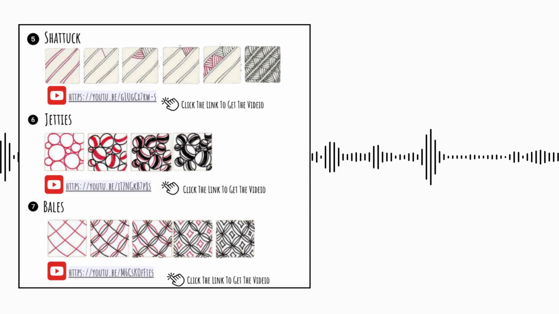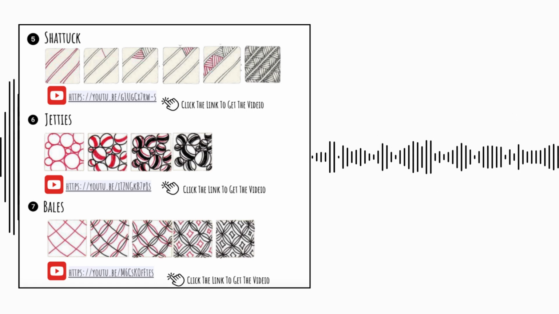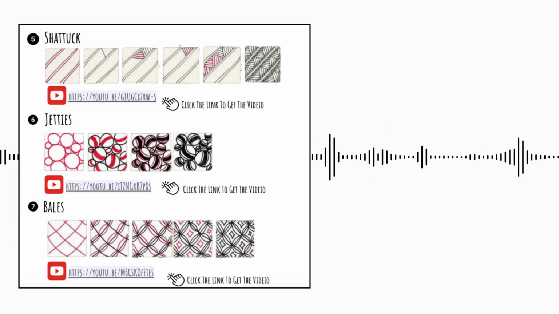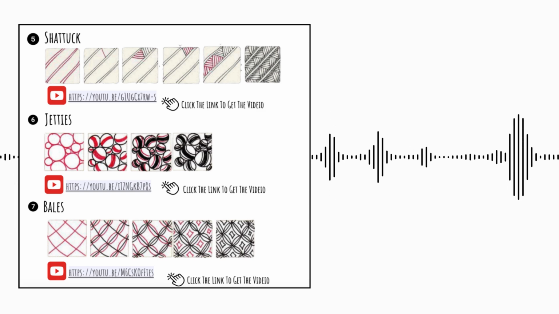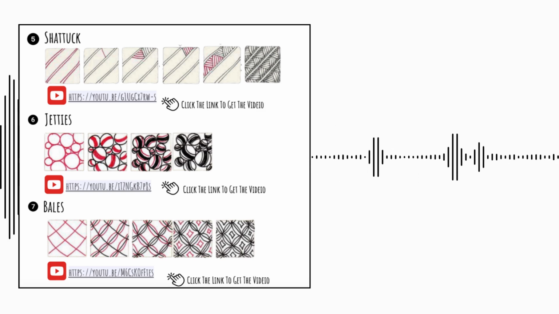You've got Shattuck, with those simple auras and that versatile shading creating a sense of organic layering. You've got Jetties, with that dramatic use of the ink and that potential to create depth through overlapping. And then you've got Bales, with this grid-based structure and those surprising emerging meta patterns.